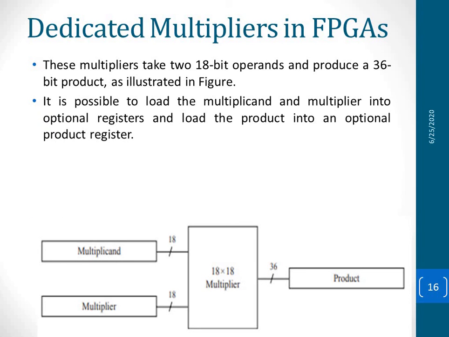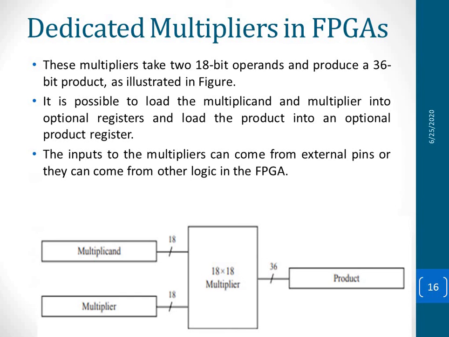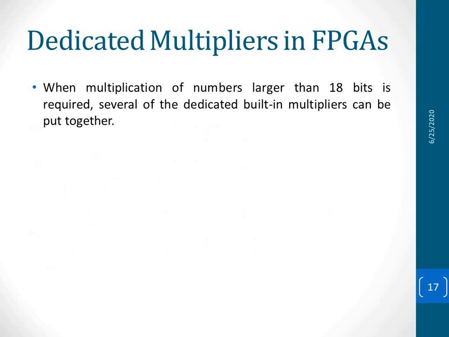It is possible to load the multiplicand and multiplier into optional registers and load the product into an optional product register. The inputs to the multiplier can come from external pins or from other logic in the FPGA.